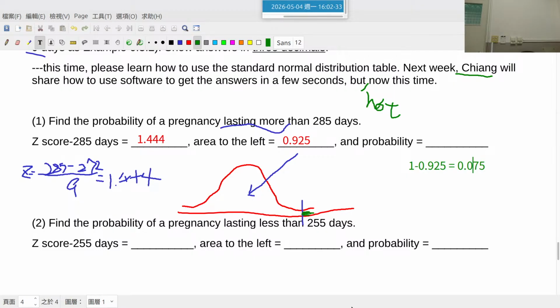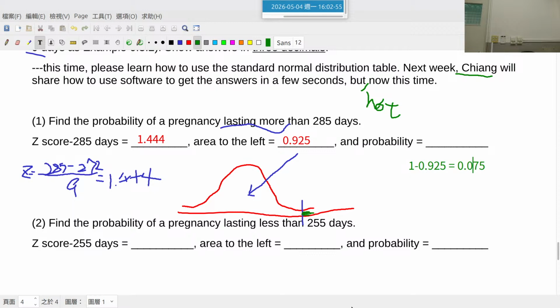Okay. First one, calculate the z-score of 285 days. Then we know the number is 1.444, very close to the right side. After we check the table, the area to the left is this part. This part is very big.